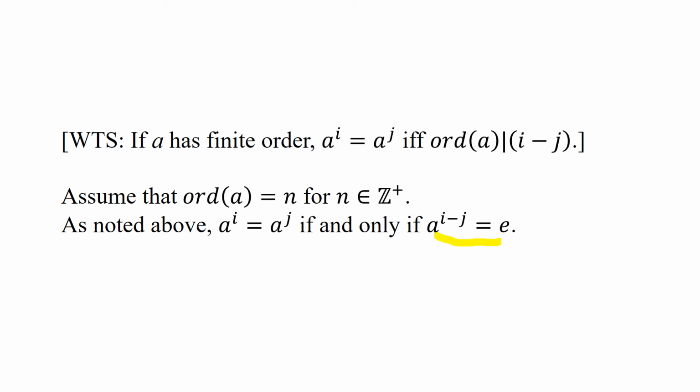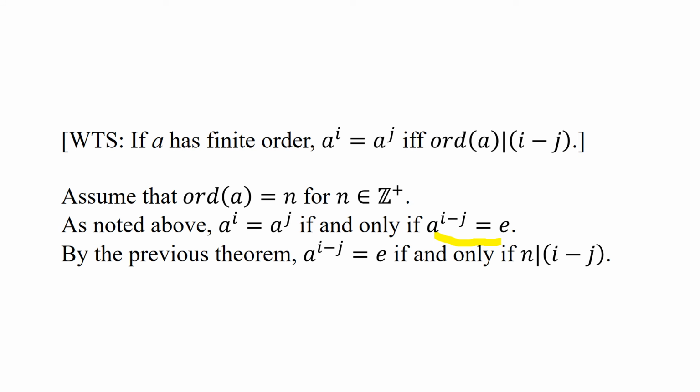The previous theorem that we showed said that if I take a to some power and I get the identity, that happens if and only if the order of a is a factor of that exponent. a to any exponent is the identity if and only if the order divides the exponent. Well, in this case, the exponent is i minus j.